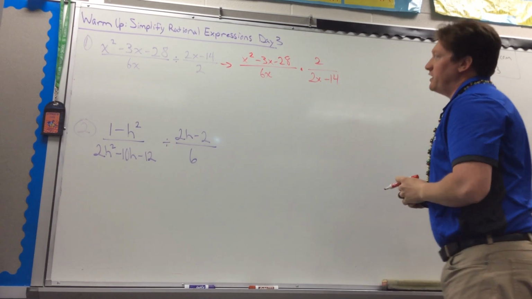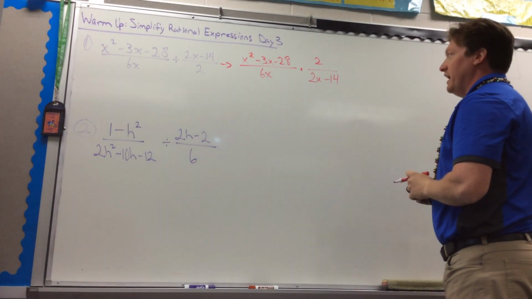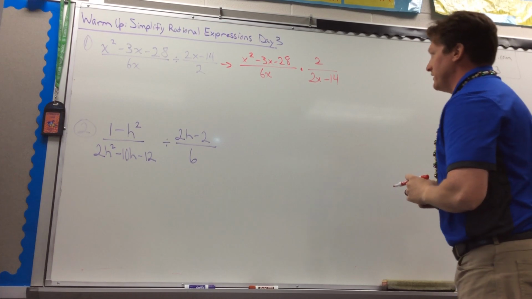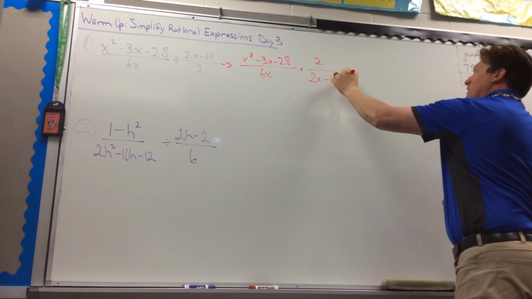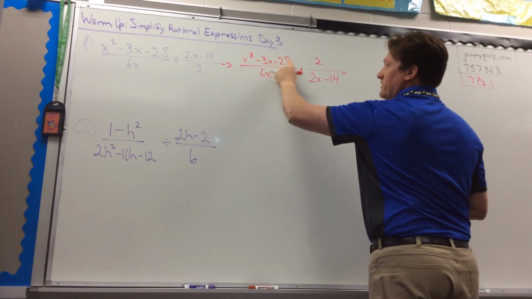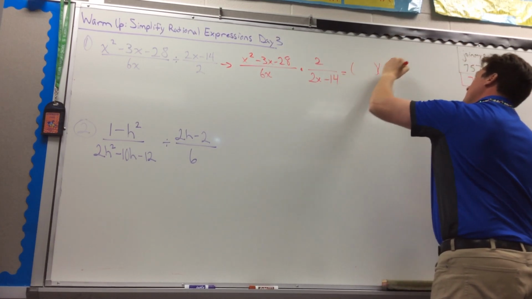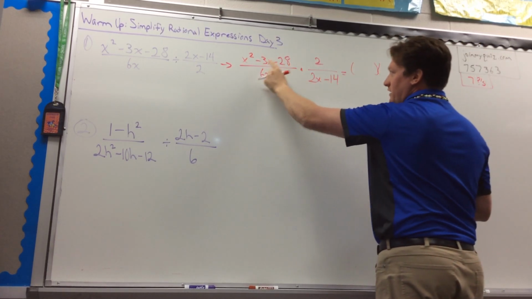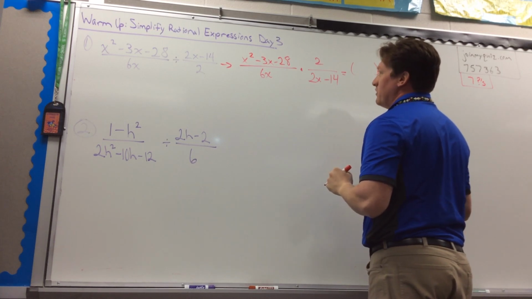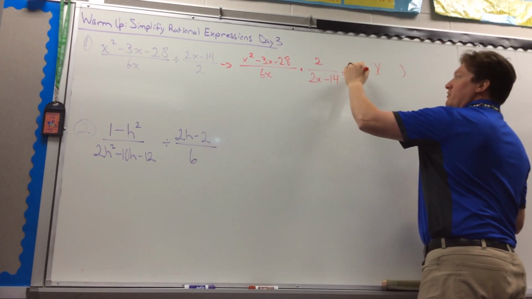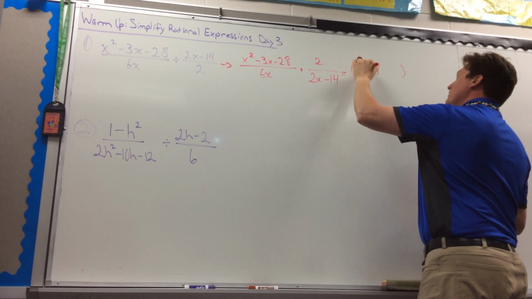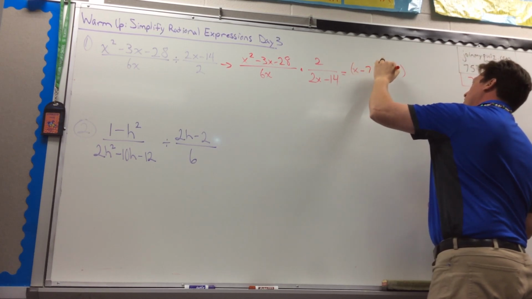From here, we need to get everything into factored form, and then get our restrictions and cross things out. When I look at this first part, I see I have a trinomial, so I'm probably going to have two factors. The factors of 28 that give me 3 are going to be 7 and 4. So I have x minus 7 and x plus 4.